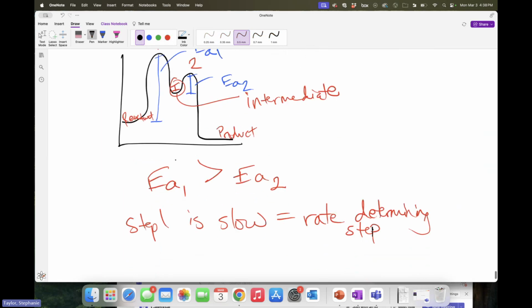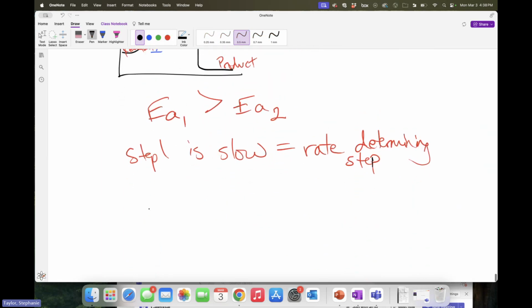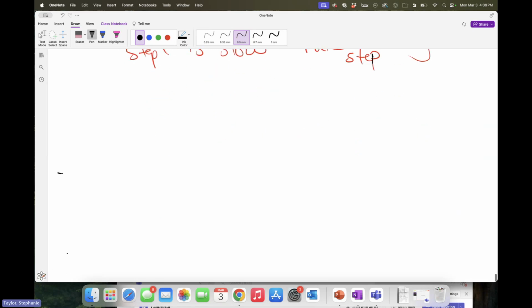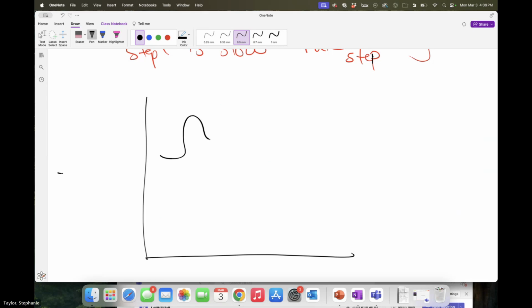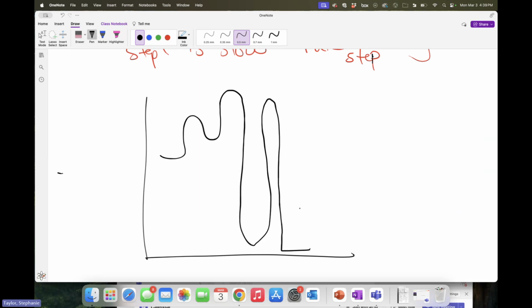Just to keep in mind when we are doing things like that, dealing with activation energy does in fact mean I can do things like this. Oh, that's kind of weird. But keep in mind when I say activation energy goes from wherever I'm beginning to the top, from wherever I'm beginning all the way to the top.